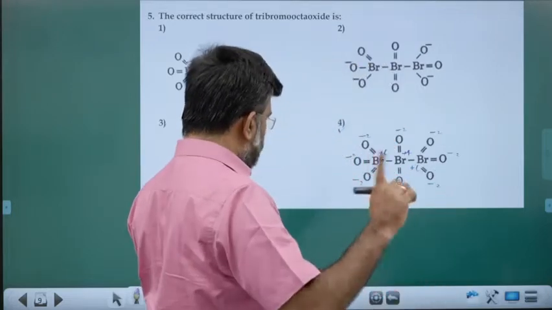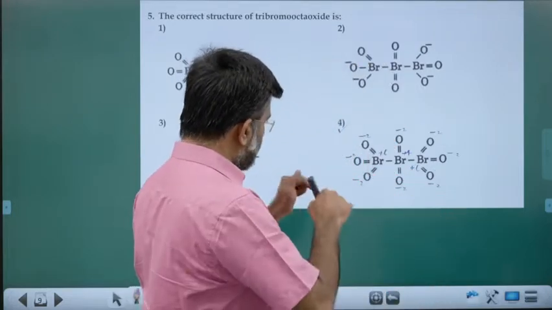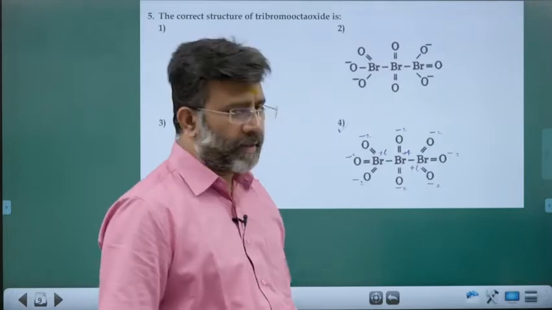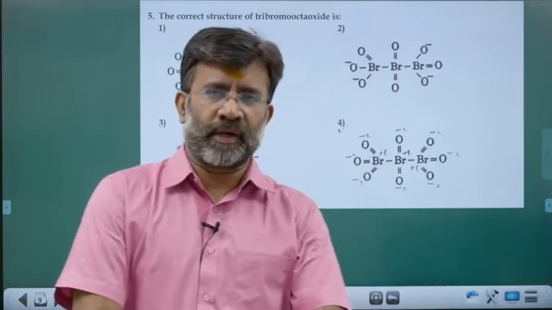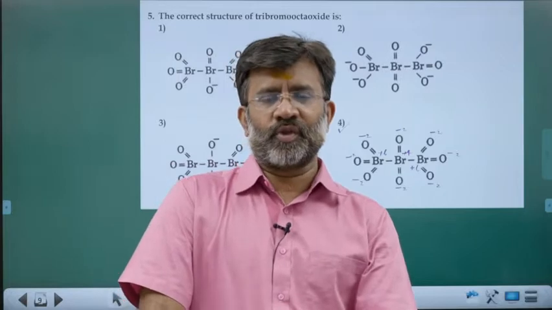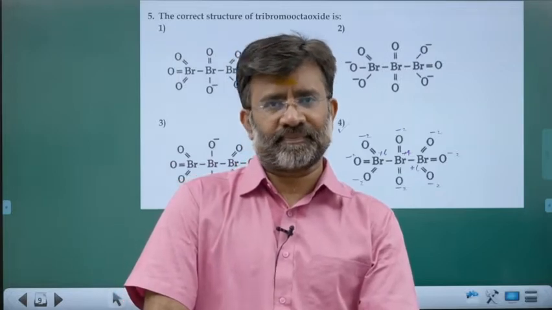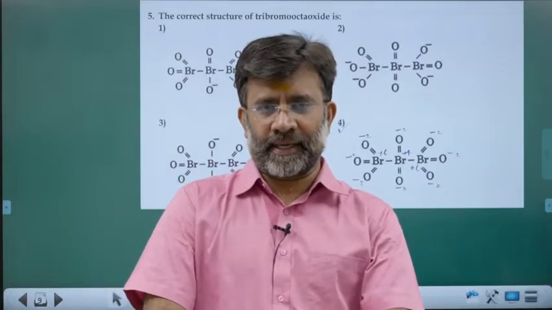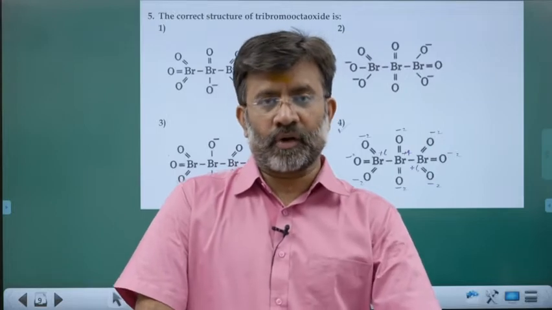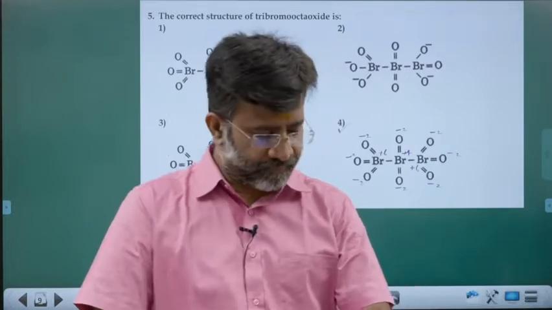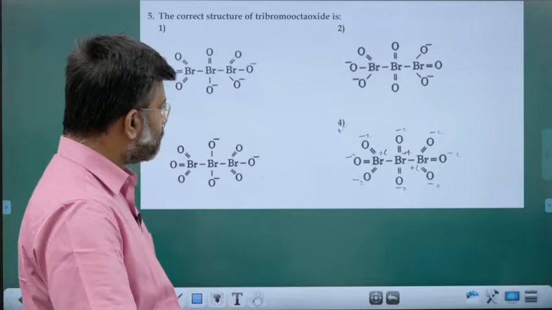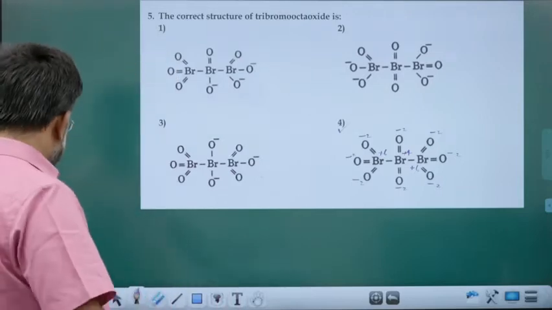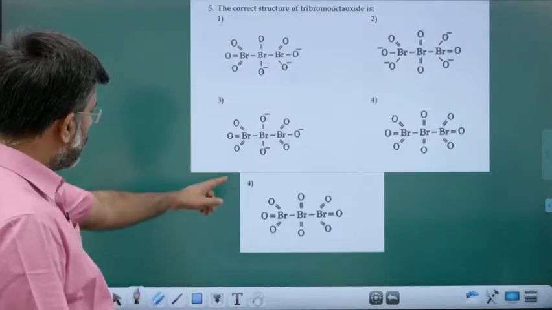So the 2 bromines will be +6 and the central bromine will be +4, and you can go for finding the average. How much is it going to be? 16/3. That is the average oxidation number we get. Okay. Next one. Fourth one is the answer.